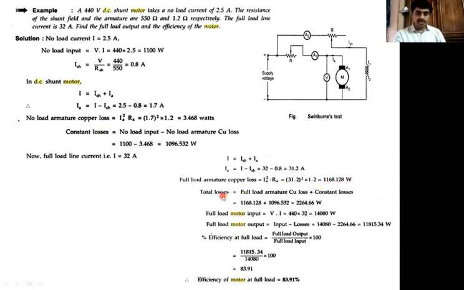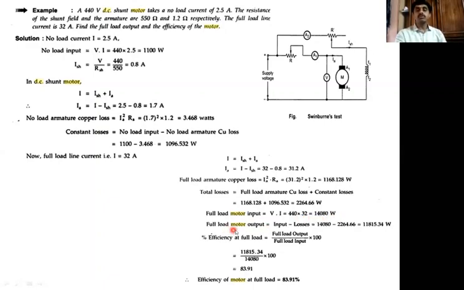Therefore, total loss is equal to full load armature copper loss plus constant losses. Already we have calculated the constant losses as 1096.532 watts, so we can substitute here along with the full load copper loss. Therefore, we got the total losses. What is the full load motor input, V into I? 440 into 32, which is equal to 14,080 watts.